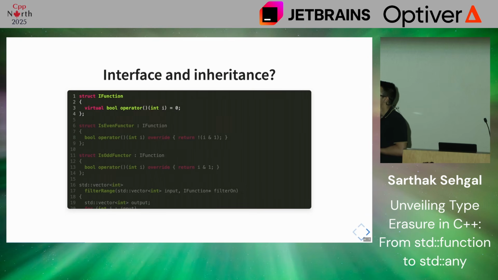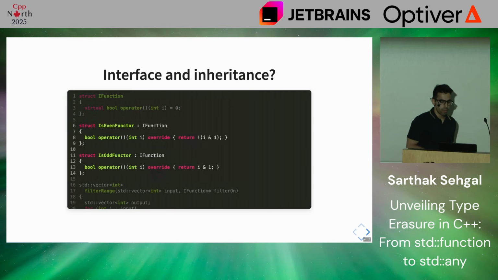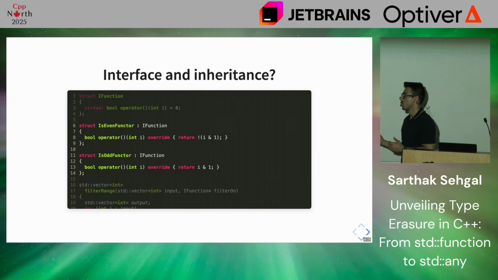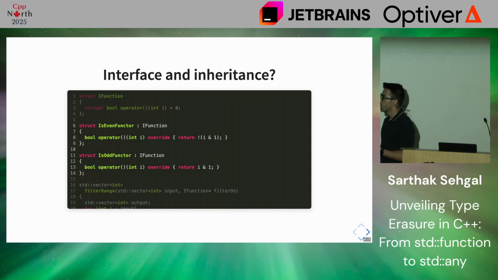Here I have a base class iFunction, which has a pure virtual method, the function operator overload, which takes in an integer and returns a Boolean. Then I have two derived classes. They inherit from this interface iFunction, and they have their own different implementations. The isEven functor has an implementation that checks whether the input integer is even.